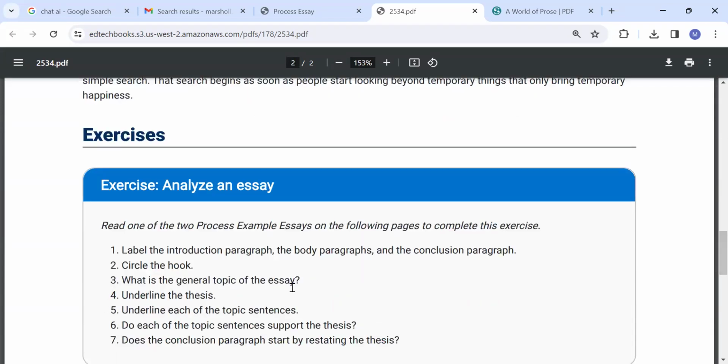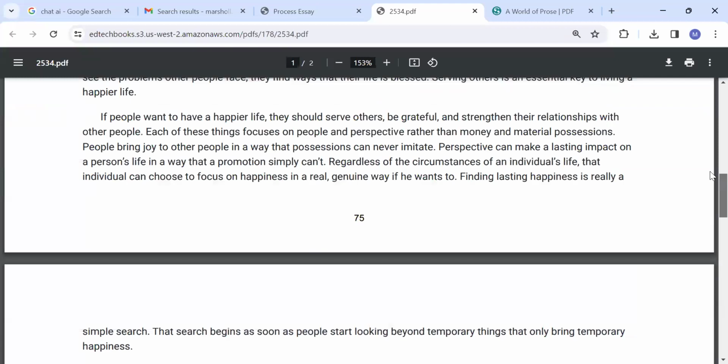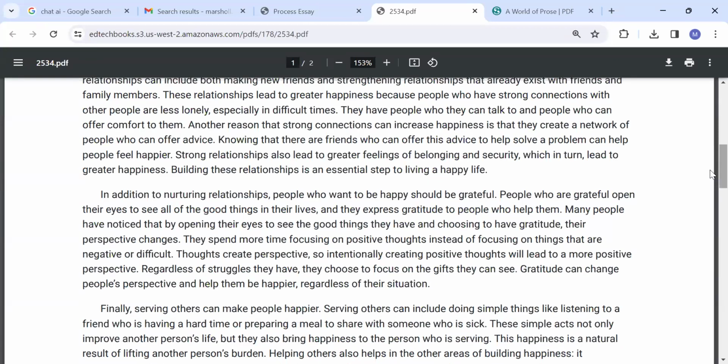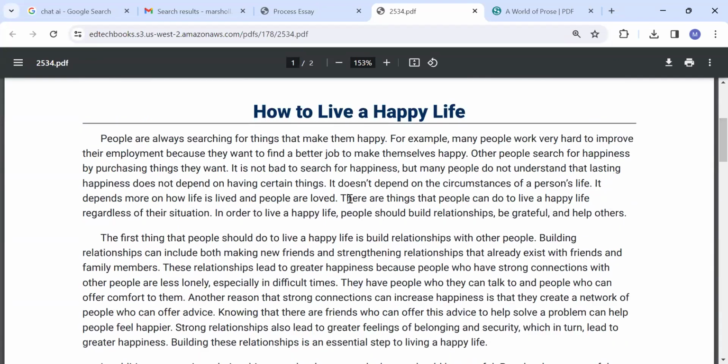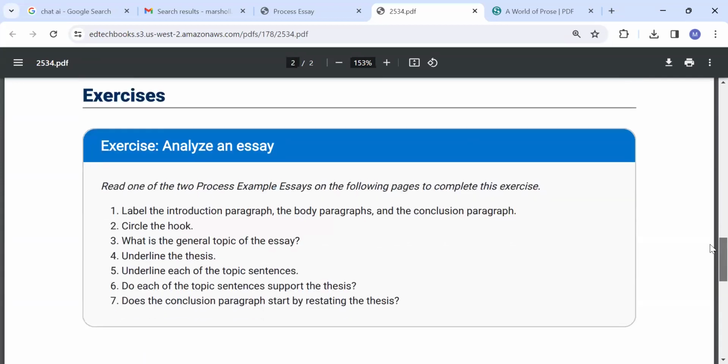Then it asks us to underline the thesis. The thesis would be the three major points in one sentence, which is, in order to live a happy life, people should build relationships, be grateful and help others.